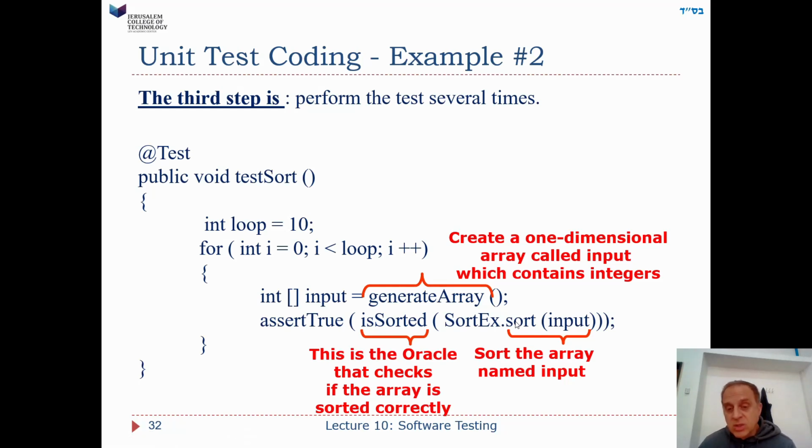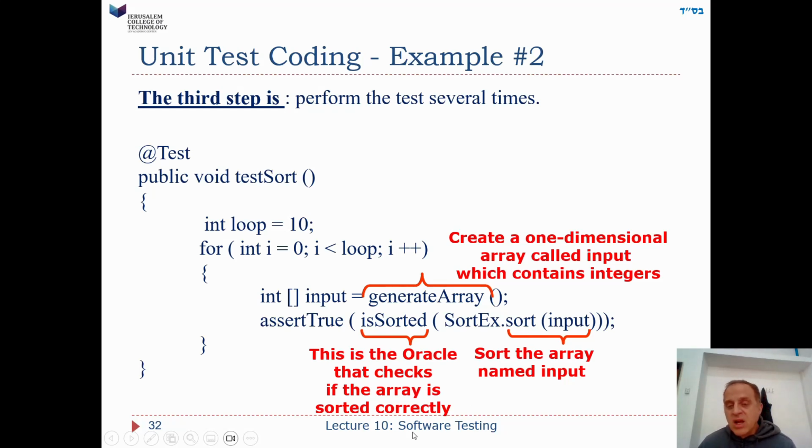That's the idea. Of course, you could say, well, we need to test that generate array works. That's probably true also, but even if there is an error there, it shouldn't cause sort, which had an error, to all of a sudden start working correctly. It would be very unlikely.